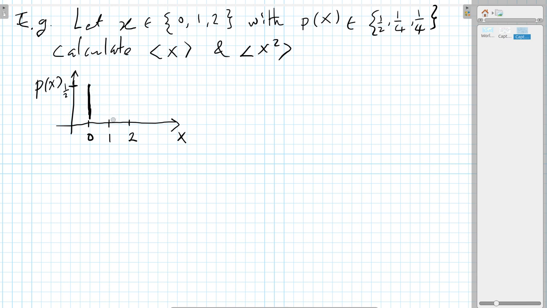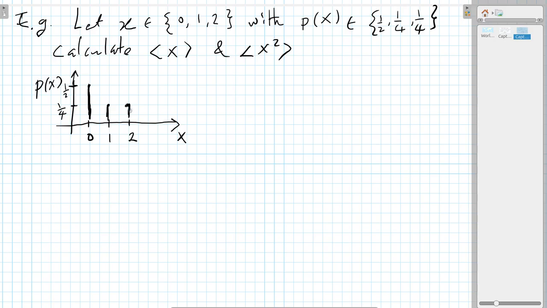When x is 1, the probability is 1/4. Let us suppose 1/4 is here. So for 1 I have this, and for 2 it's also 1/4.